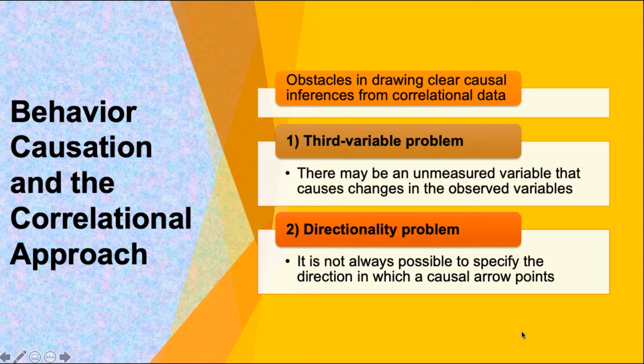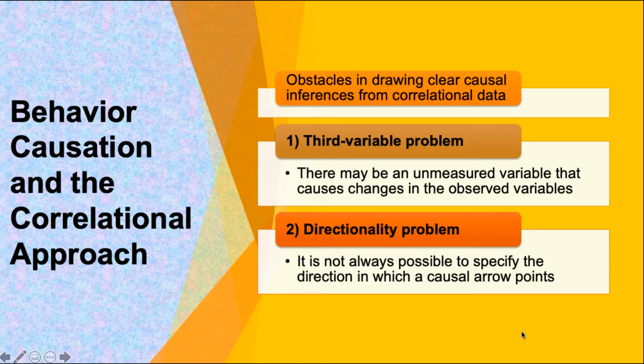Behavior causation and the correlation approach. Given the results obtained, for example, in the previous study of bullying, you may be tempted to conclude that increased exposure to or playing of violent video games causes bullying.